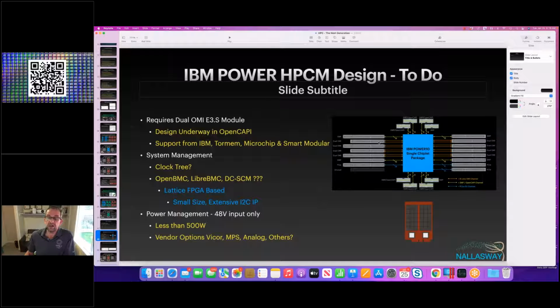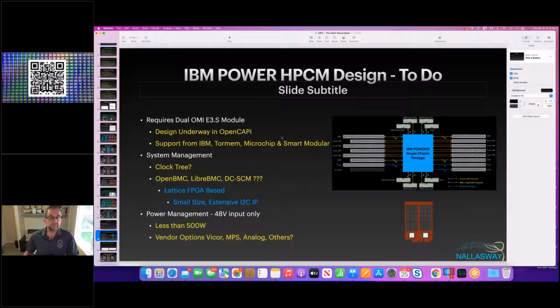With regards to the OMI, because we are standardizing on the E3 module standard, OMI today is available in production from all the memory vendors in the JEDEC DDIMM differential DIMM format. That's similar to, but not fully compatible with, the EDSFF E3 format.